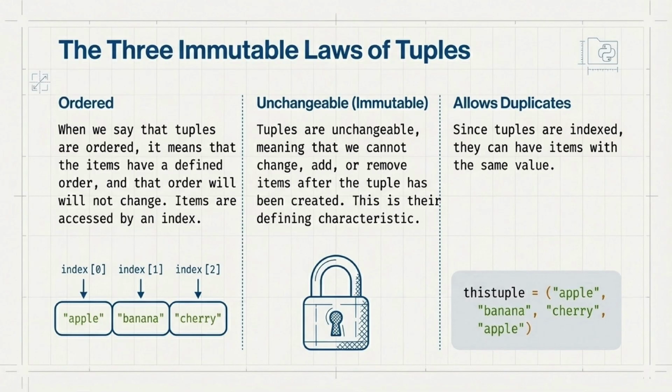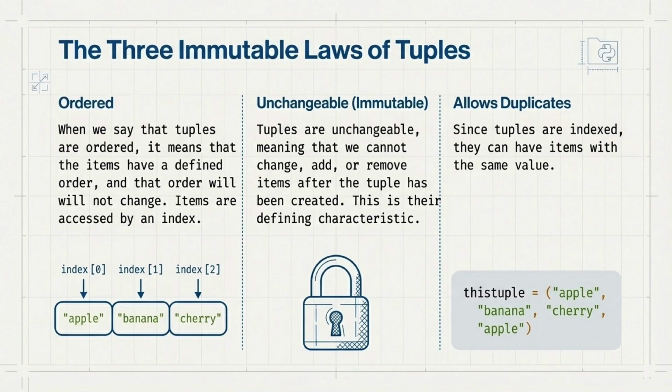The second law is the most defining one. Tuples are unchangeable, or immutable. Once a tuple is created, its contents are locked in place. You cannot add a new element, remove an existing one, or modify values inside the tuple. The padlock symbol on the slide captures this idea well.